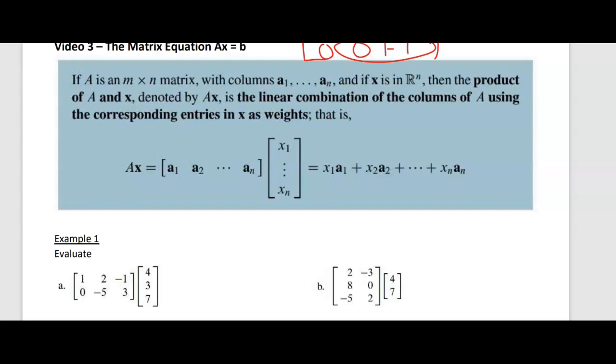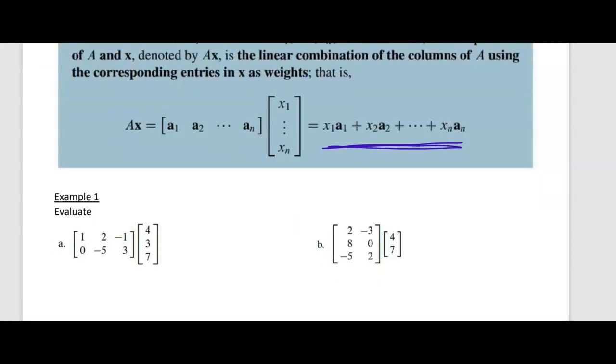So there's a snip here from our book that if A is an m by n matrix and A is actually made up of column vectors, and then you want to multiply that by x, then really what you're doing is you're looking at something similar to a linear combination that we talked about before, right? Where you're taking x1 times the column vector A1, x2 times the column vector A2, all the way up to An. So let's look at a couple of examples here and apply this.